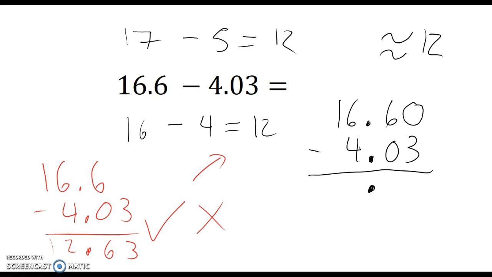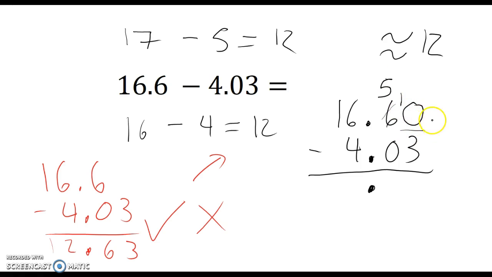You must fill in empty places with zeros. So this needs to be filled in with a 0, this hundredths place. And now I can subtract. Now I can see that I'm trying to take away 3 from 0, but really I'm trying to take away 3 hundredths from 60 hundredths. So I need to borrow. So I'm going to make that a 5, and I'm going to make this a 10.